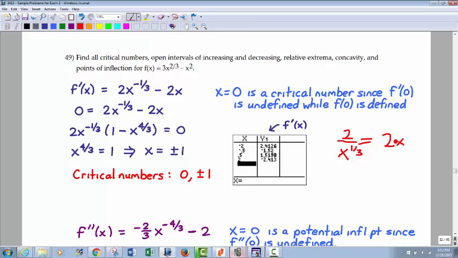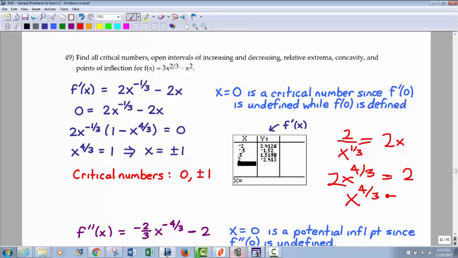It's like I moved it over and then reversed them again. Then if you cross multiply, you get 2x to the 4/3 equals 2. Divide by 2. Oops. Yeah, that might have been a little easier to solve.